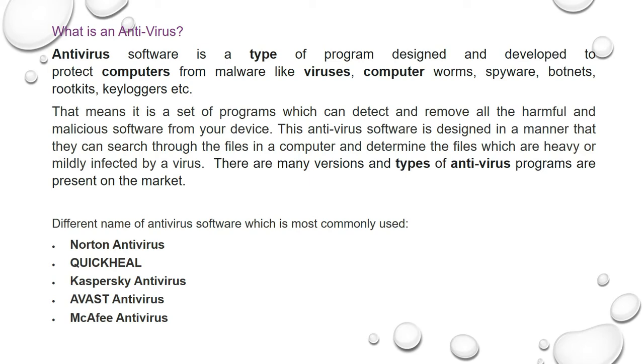This antivirus software is designed in a manner that it can search through the files in a computer and determine the files which are heavily or mildly infected by a virus.